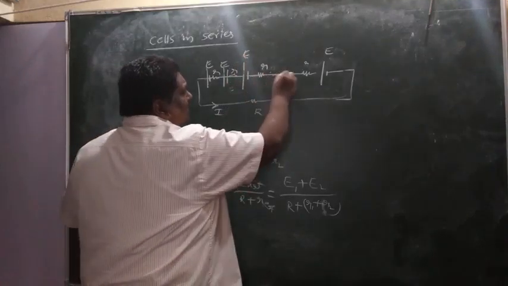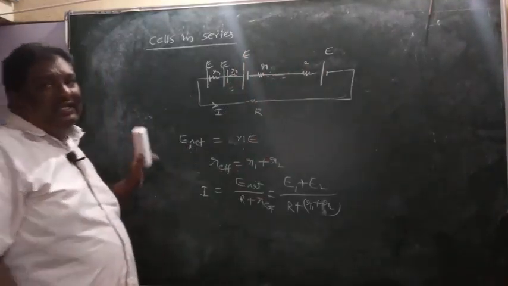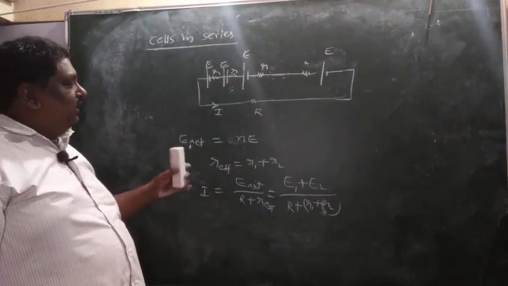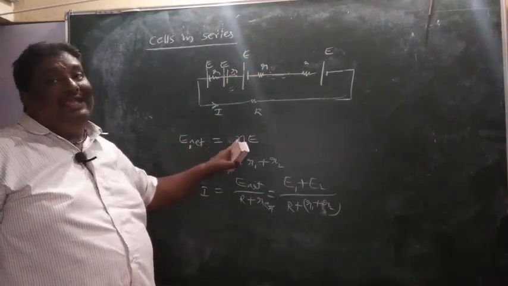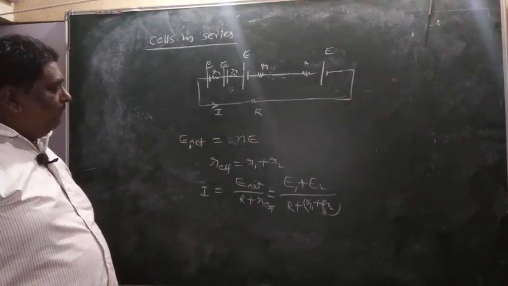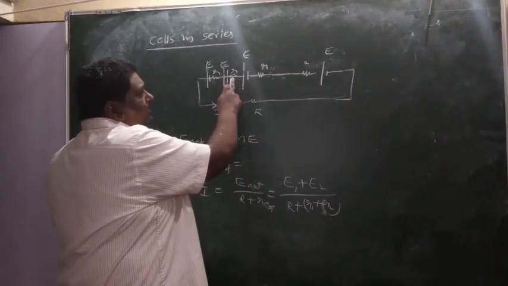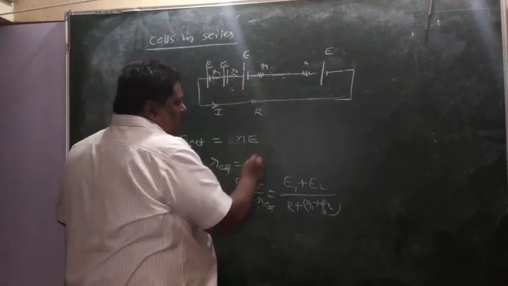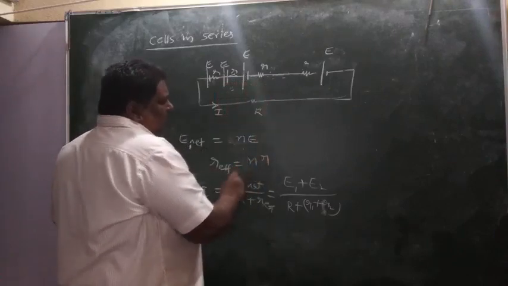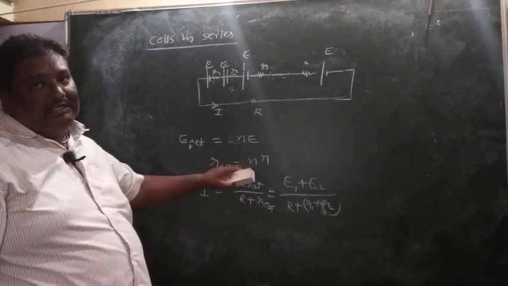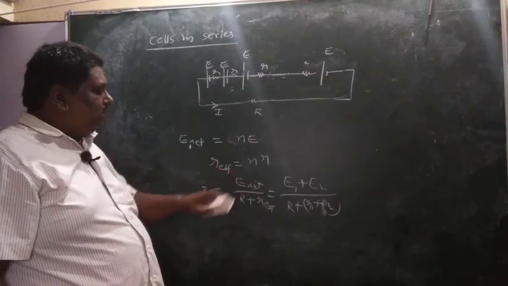How many such cells are there? All are equivalent, so total is nE. What about the internal resistance? r plus r and so on, equals nr, the internal resistance.